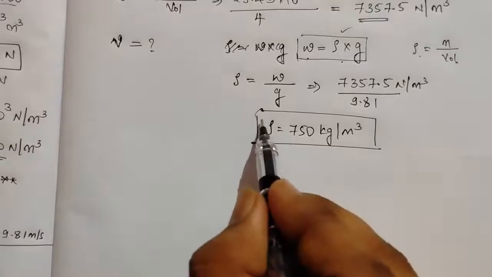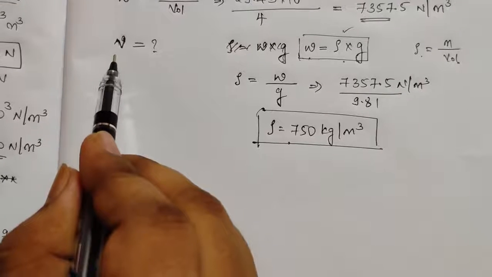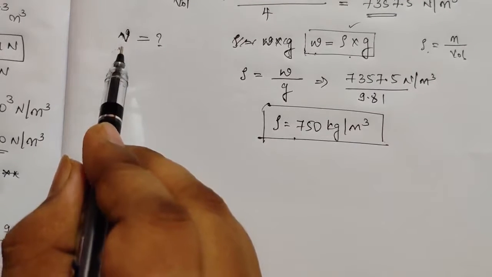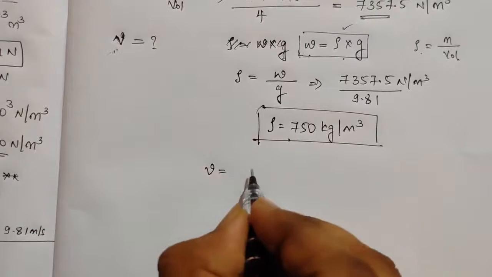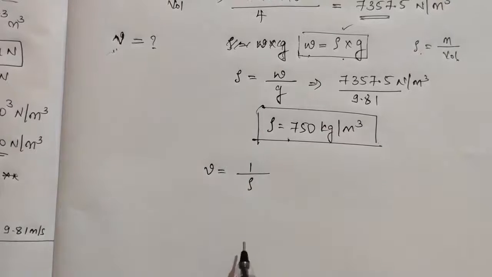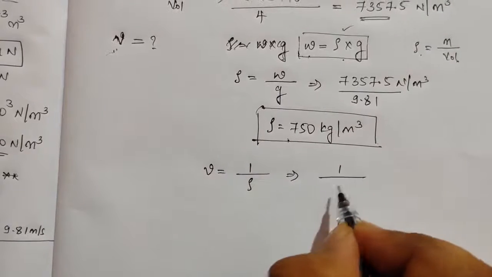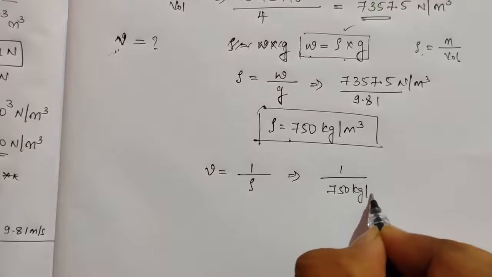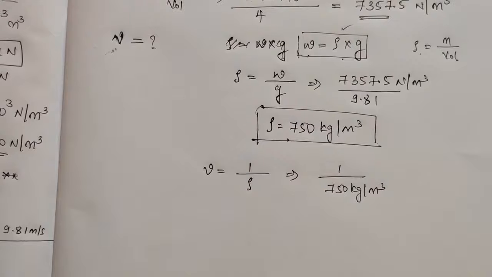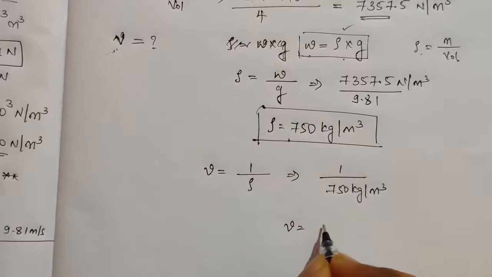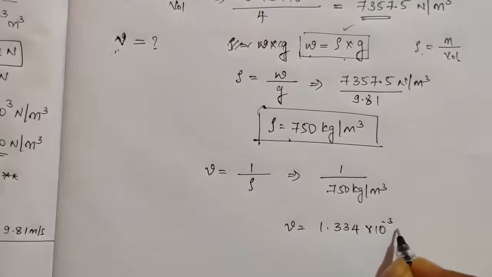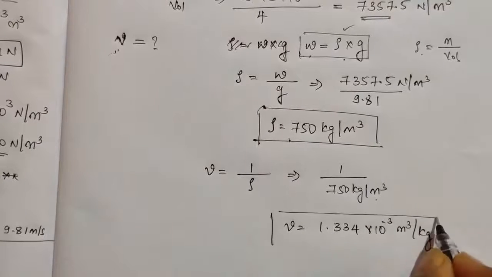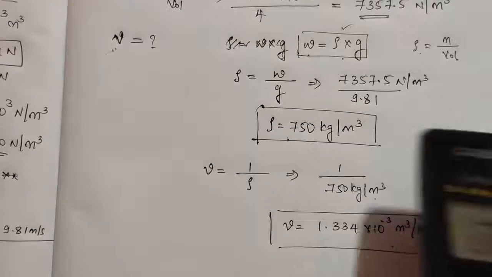Once I get the density, I can find the specific volume very easily. What is the specific volume? It is nothing but the reciprocal of density. So 1 divided by 750 kg per meter cube. If I solve this, I'll get the specific volume as 1.334 into 10 power minus 3, and the unit is meter cube per kg. Okay, see here.